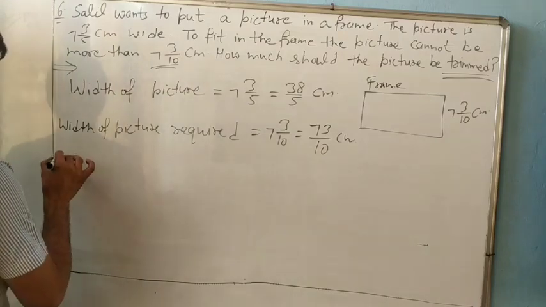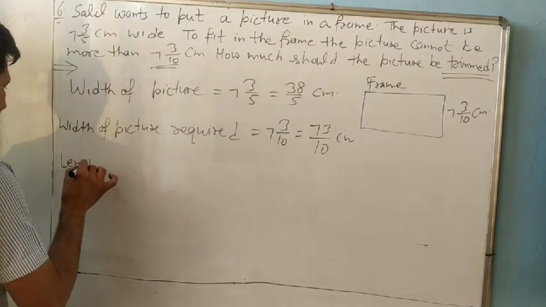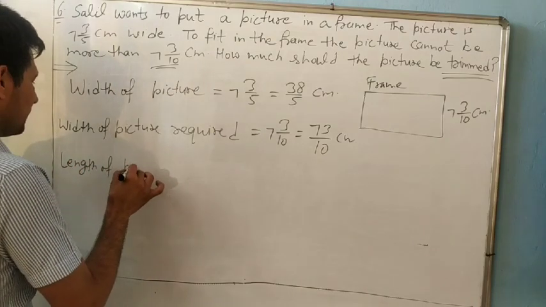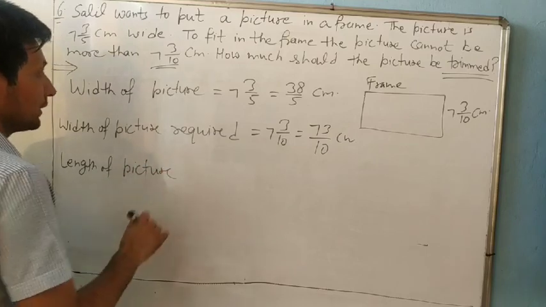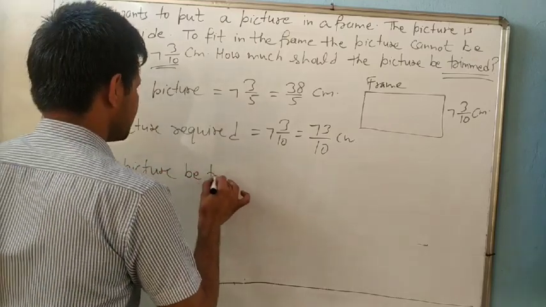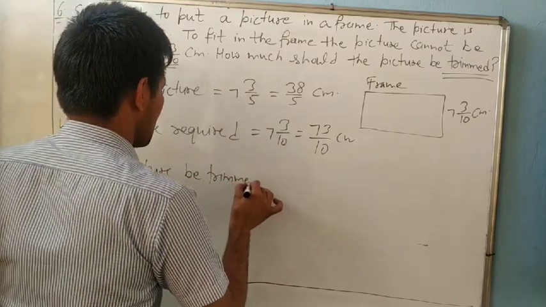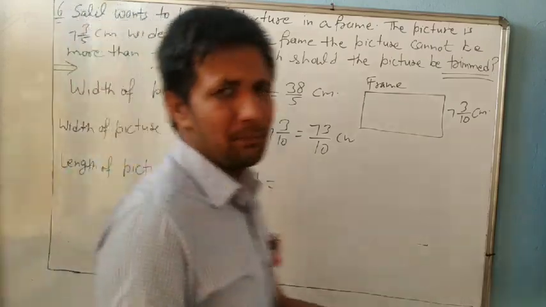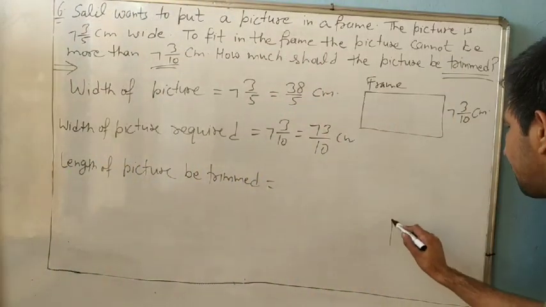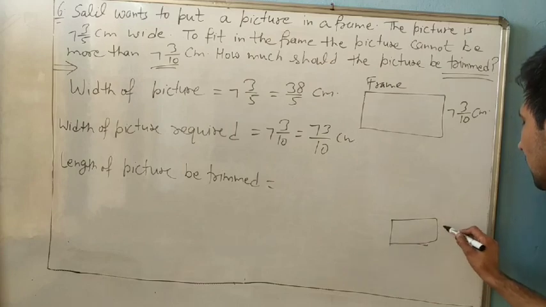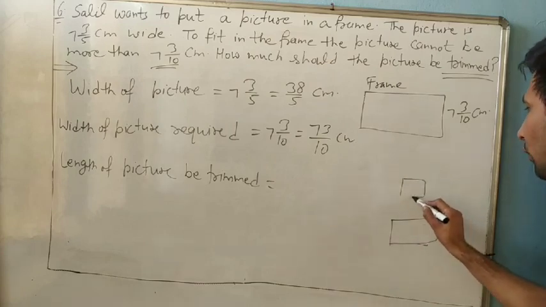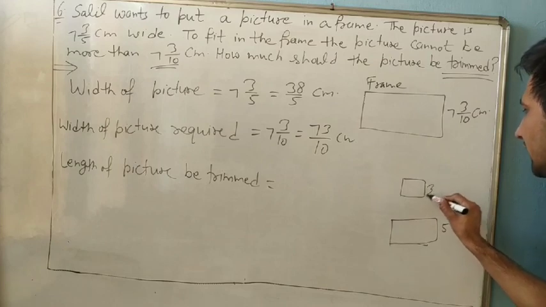Okay. Now how much should the picture be trimmed? So write length of picture to be trimmed. It is a very simple question. Suppose it is your picture and it is 5 centimeter, and it is your frame, very small, only 3 centimeter width.